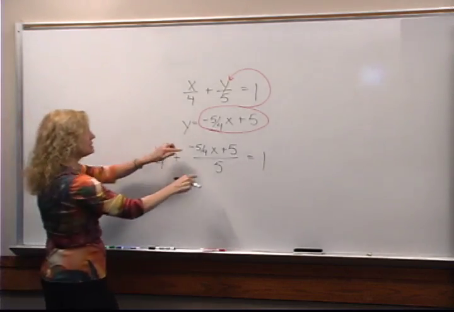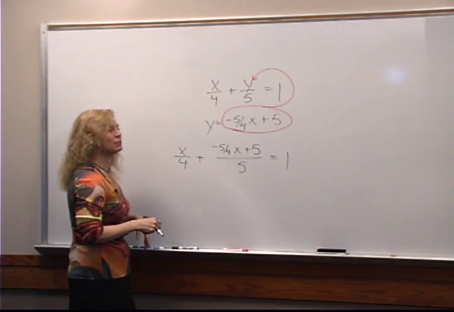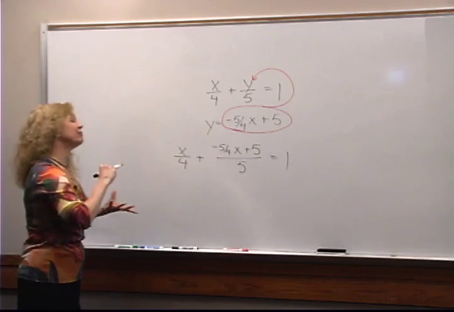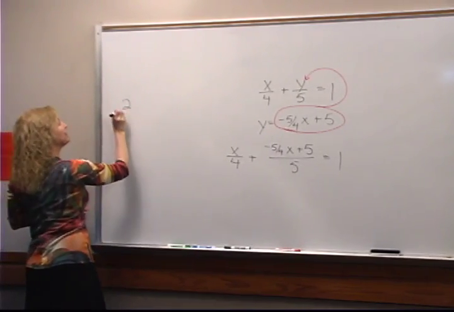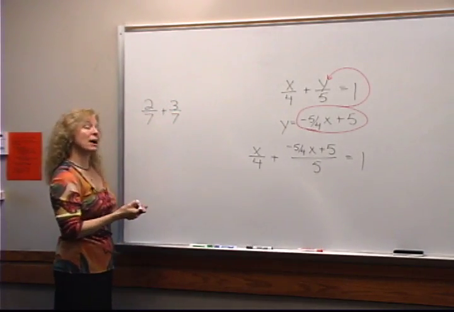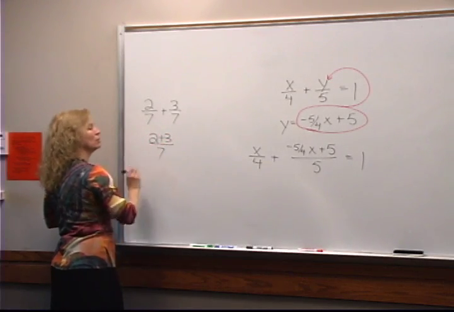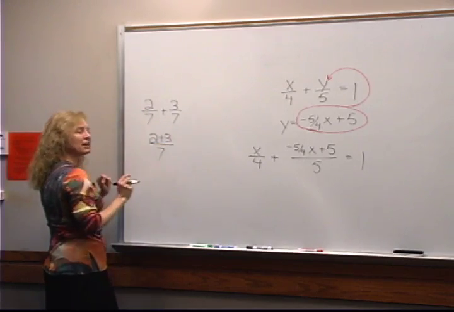Now, do you realize that I can actually separate out that fraction? Now, the reason I can do that is that the way we add fractions is that if I have a common denominator, let's say I have 2/7 plus 3/7, how do I add that? Well, that becomes 2 plus 3 over 7. So I can go the other direction as well.